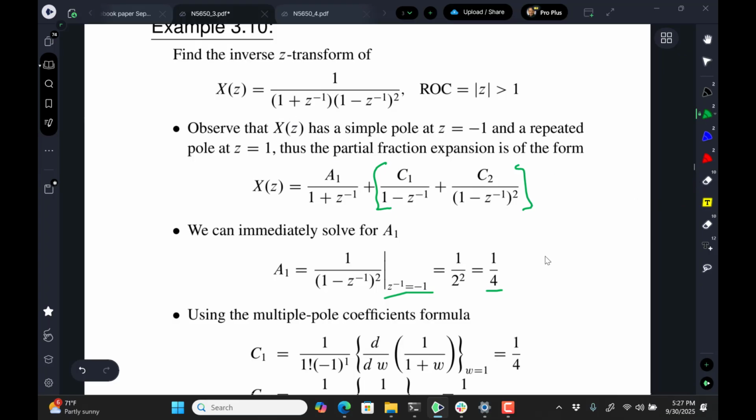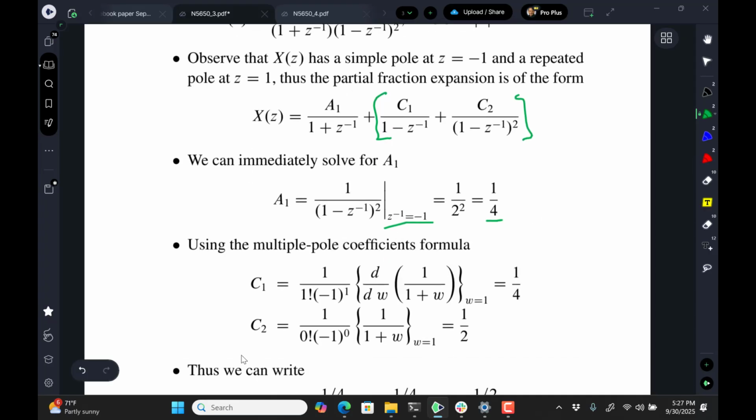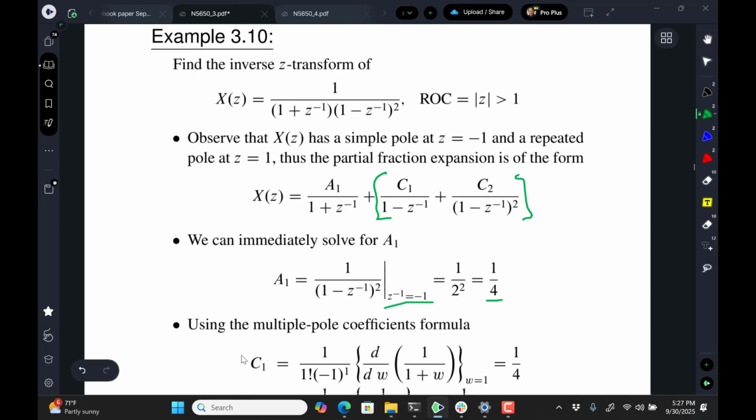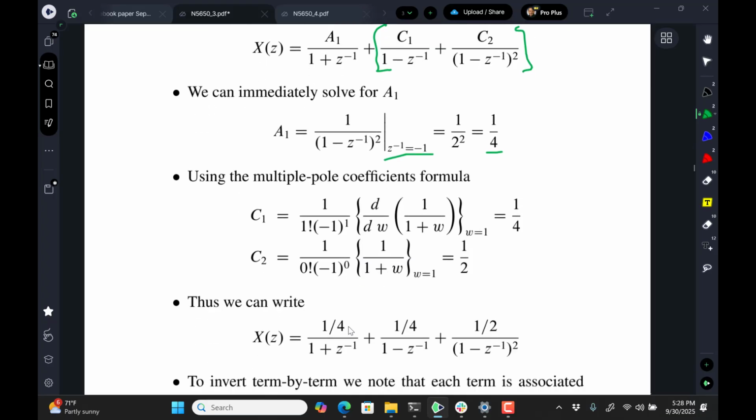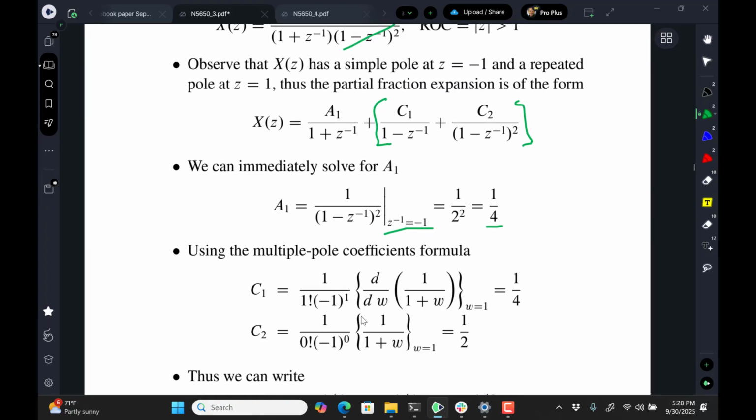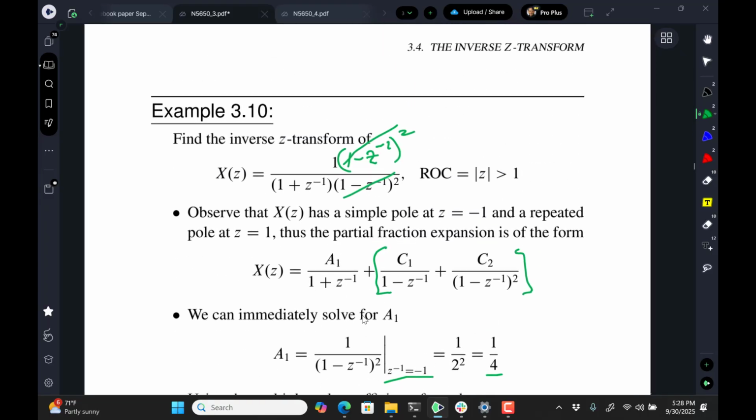In the equation for C1, we multiply both sides by (1 minus z to the minus 1 quantity squared). So that will cancel out, and we can effectively immediately get our coefficient of 1/2.